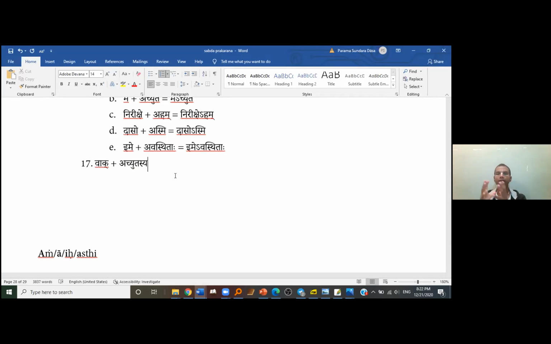All these are final forms where we combined the root word, either nominal root or a verbal root, and the pratyas, the suffixes, and made the final forms. So the final forms are known as Viṣṇu-pada.